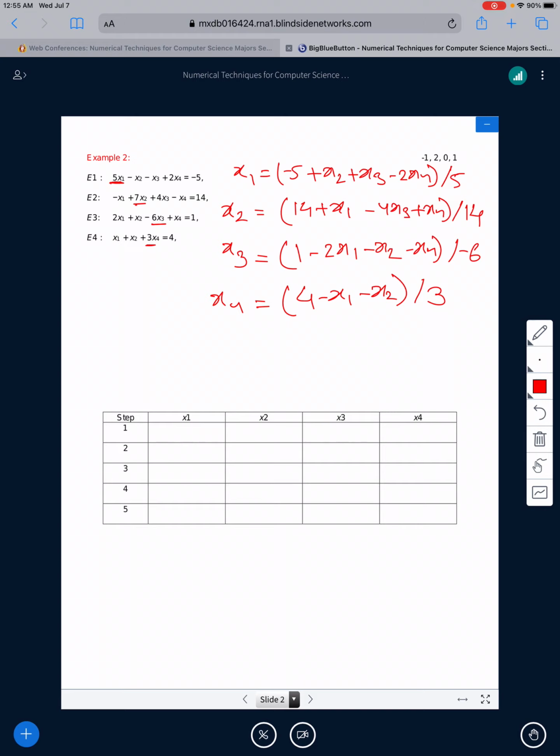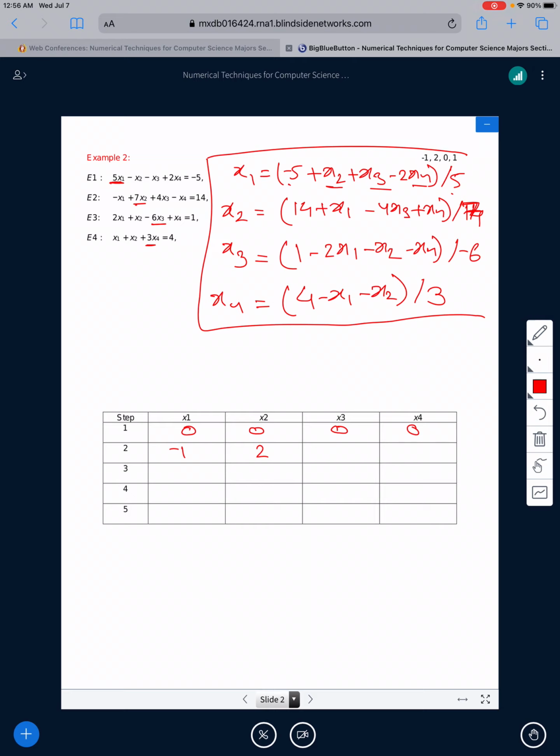Again, the calculation is similar. The first step starts with all of them being 0, and we use them in these equations for the iteration technique. So x2, x3, x4 are 0, and x1 is negative 5 divided by 5, which is negative 1. x2 is 14 divided by 7, which is 2. x3 is 1 divided by 6, so what is 1 divided by 6?